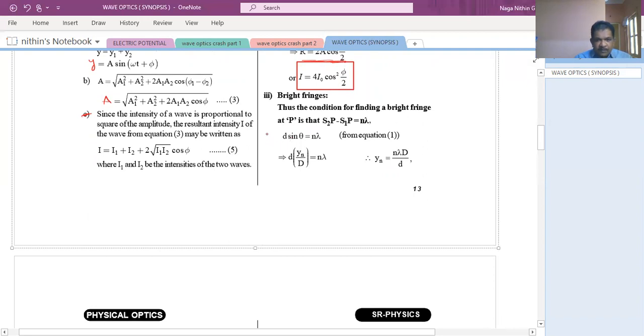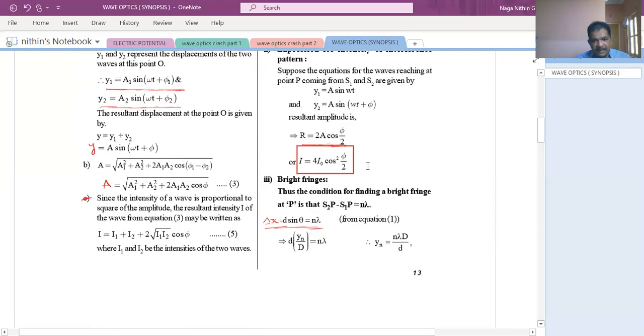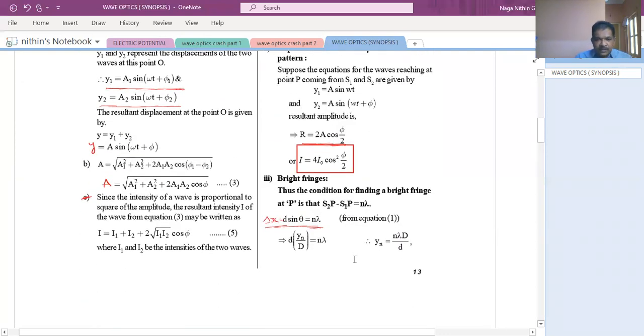When the path difference is equal to d sin theta, if that is equal to n lambda, then at that point P, a bright band will be formed.